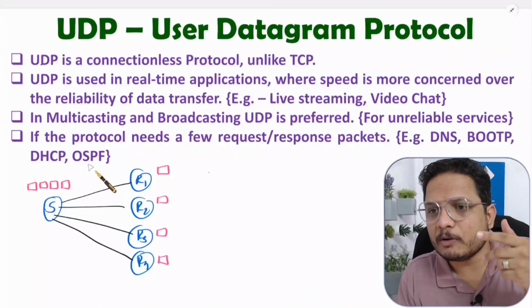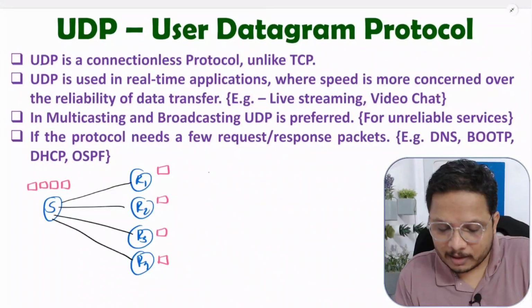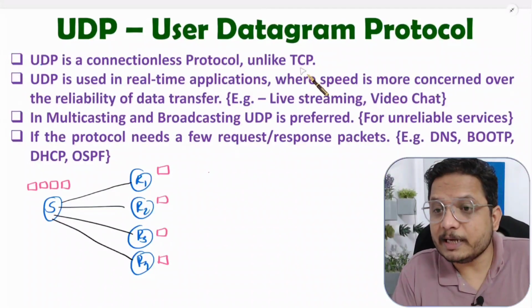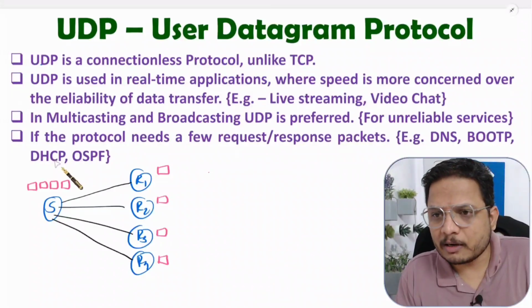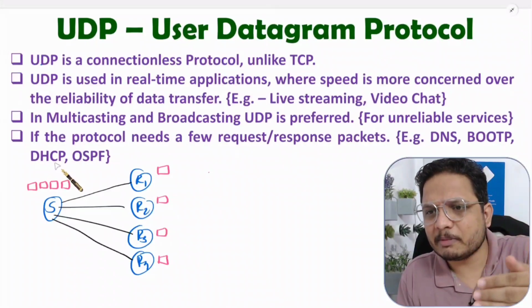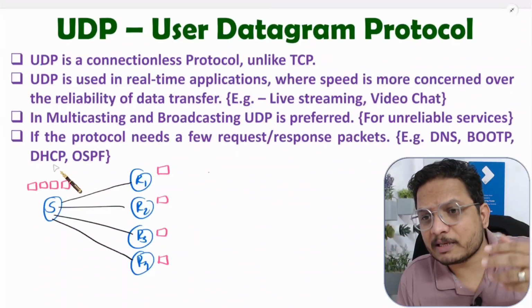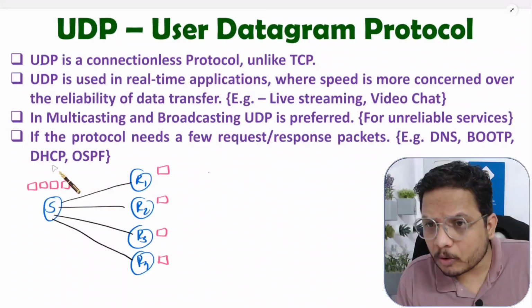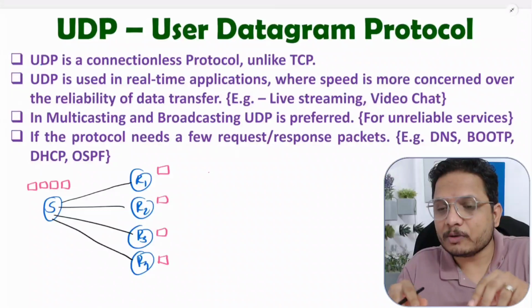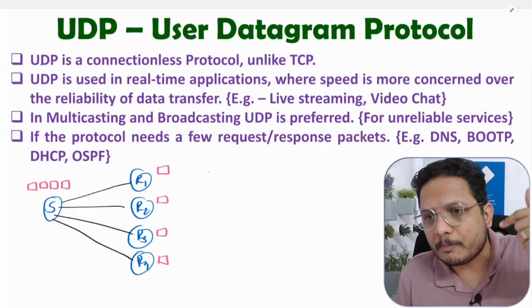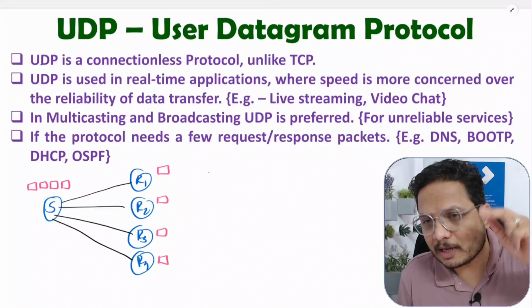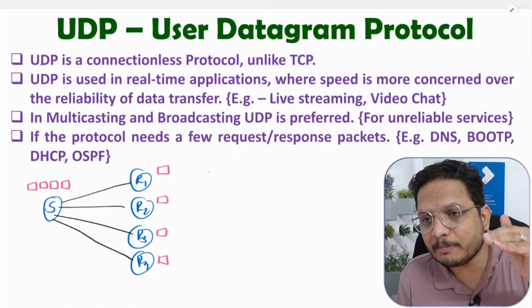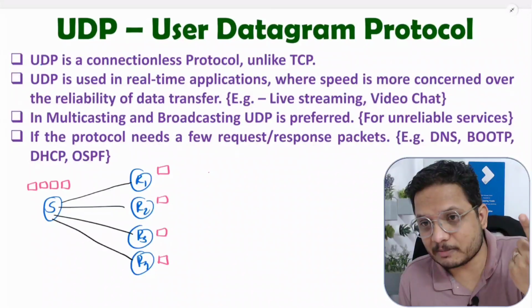See, in UDP we don't provide connection establishment, and in TCP we need to have connection establishment. So for BootP, for DHCP, do you think you are providing connection establishment and then after that accessing the internet? No. Practically, when you turn on your computer on a computer network and see how many packets we are receiving, when you talk about TCP data transfer, before data transfer we have connection establishment.